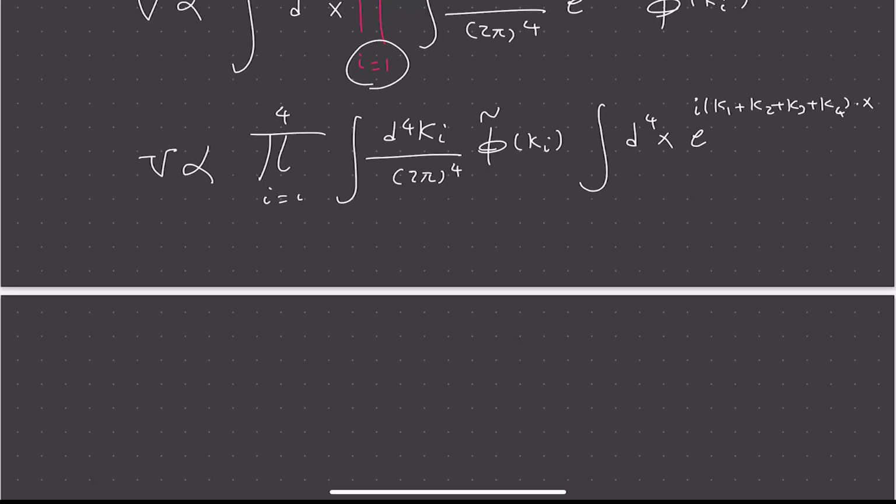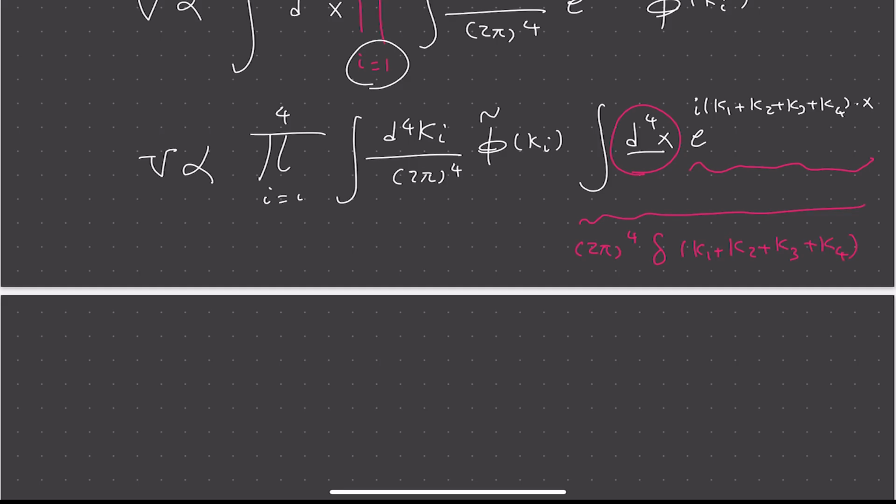Sorry, this phi has a tilde on top of that. So now, the Fourier mode of this integral is this part of the function. Now, if you integrate it over d^4x to transform it into momentum space, this is equal to (2π)^4 δ(k1 + k2 + k3 + k4).